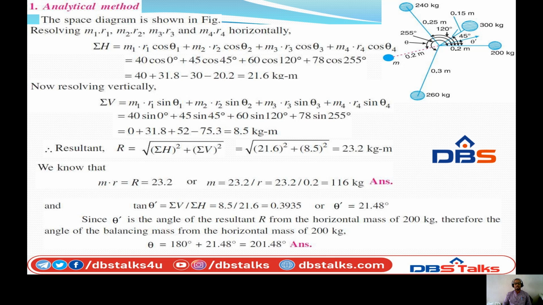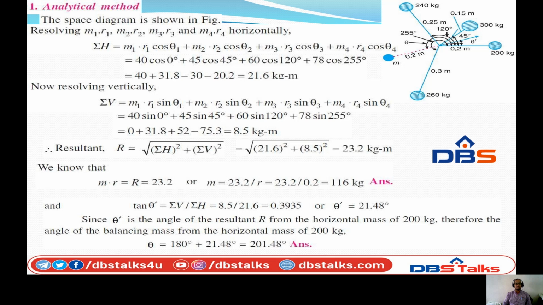But in the question, they have given the angles for the successive masses. So whatever positions are given in the question, we have to convert them into our reference plane only. Then only we can solve the problem in the correct manner.